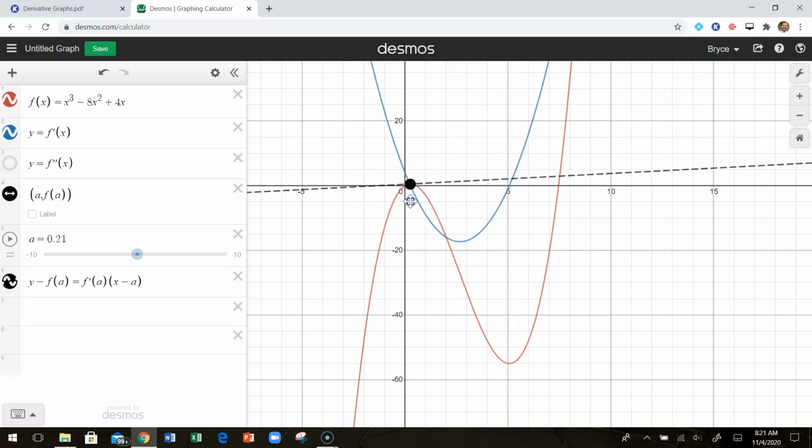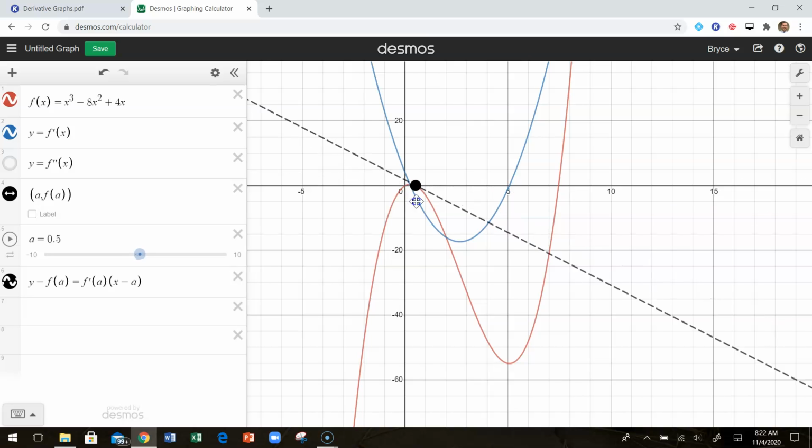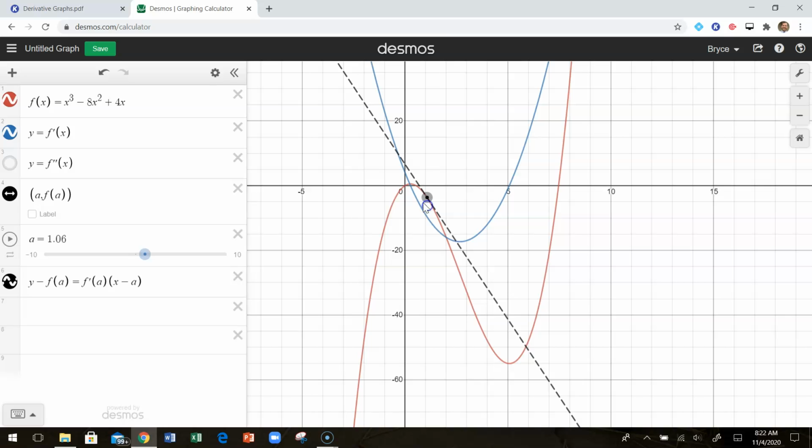Here it should be 0, so my derivative should be crossing the x-axis at that point, which it is. My derivative is the blue graph. Here it's becoming negative, negative, negative. Look at my derivative, it's a negative value. It reaches the most negative right about here. That's about as steep as this tangent line will get, and my derivative bottoms out there. That's as much negative as your tangent line slope will be.